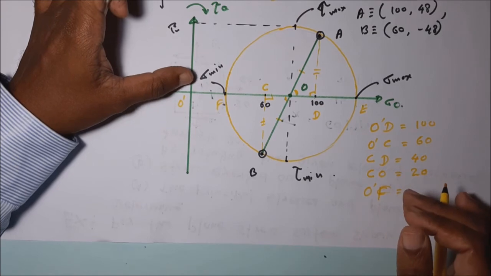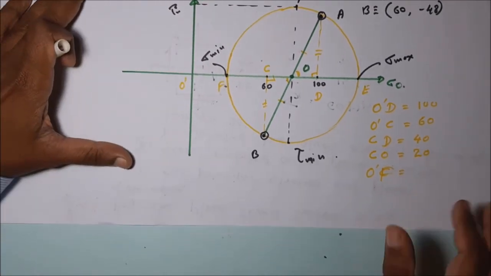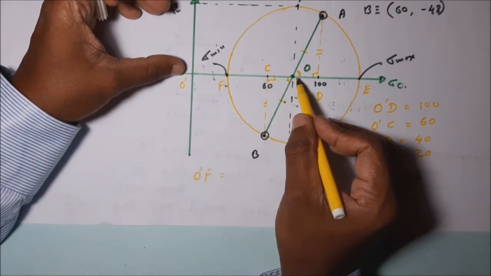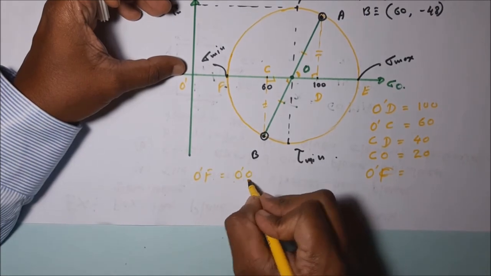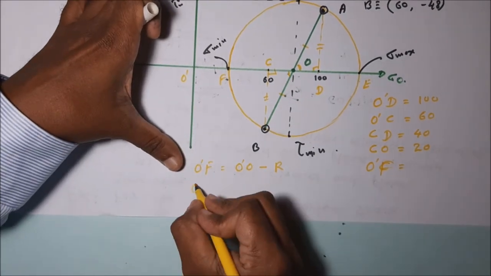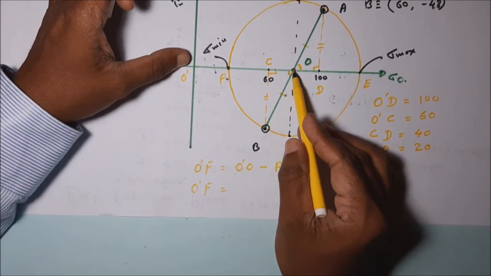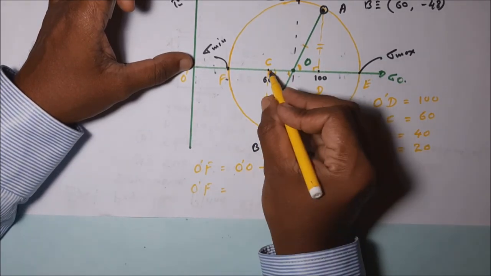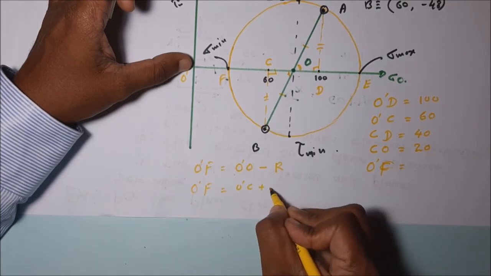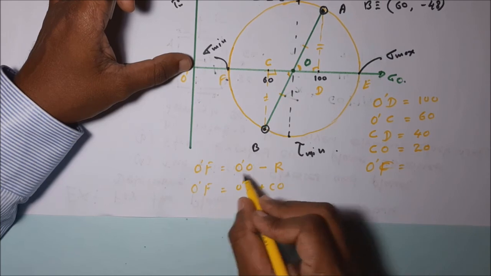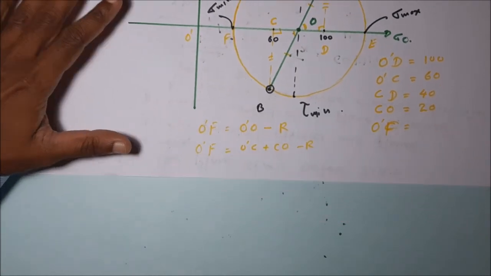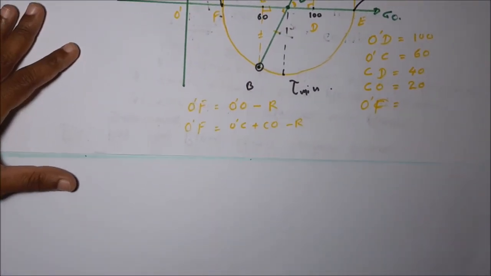O dash F is equal to O dash O minus R. What is O dash O? O dash O is equal to 60 plus this value 20, that means O dash C plus CO, minus R.